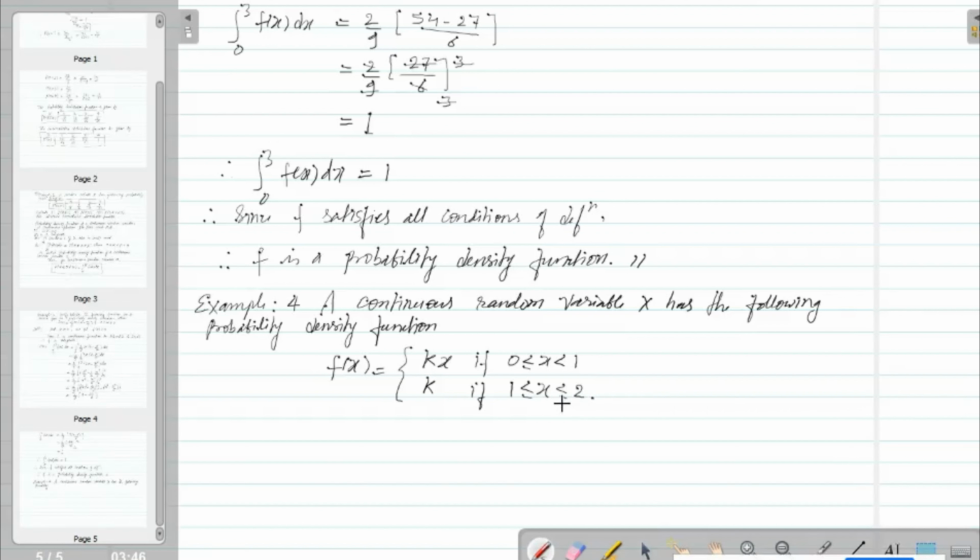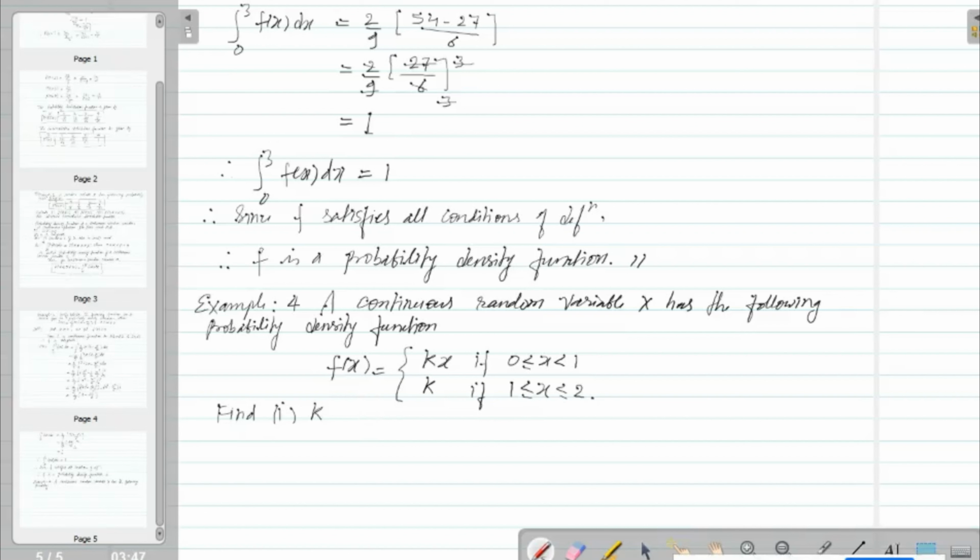Now what do we have to find out? We have to find the value of k. Number one, find k, meaning determine the value of k.